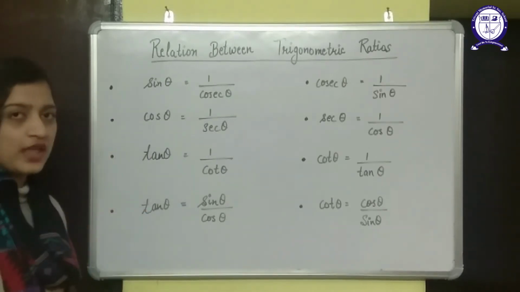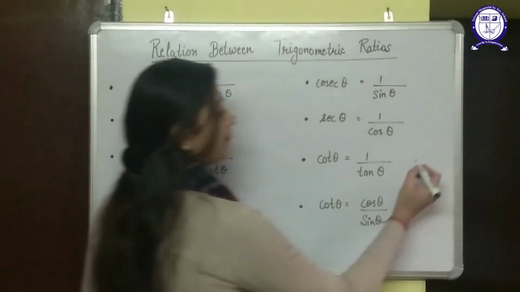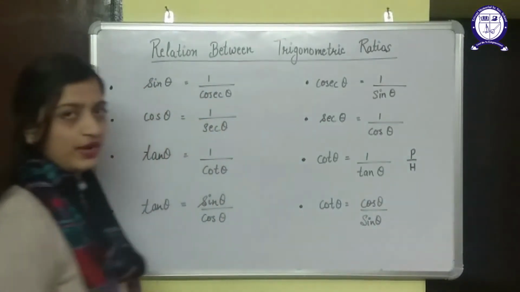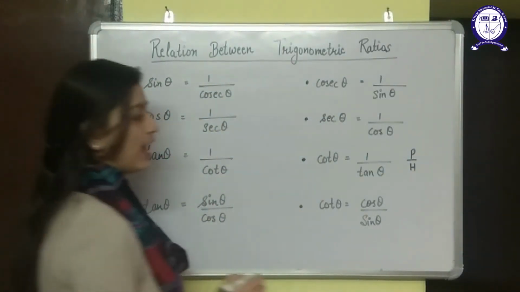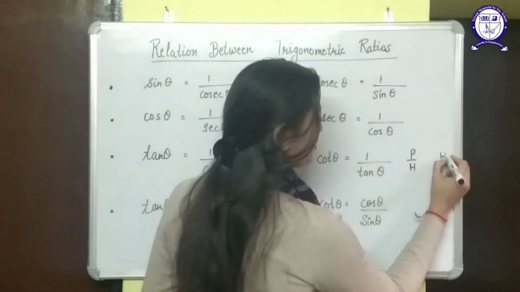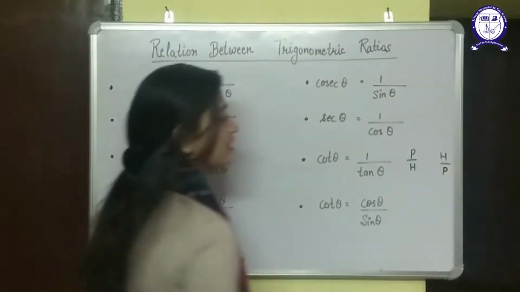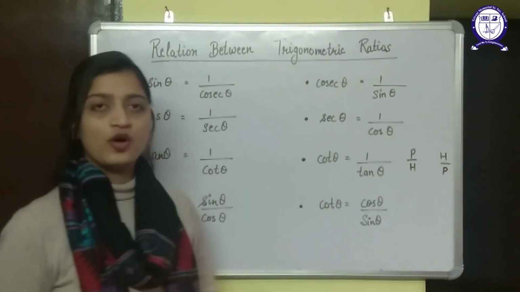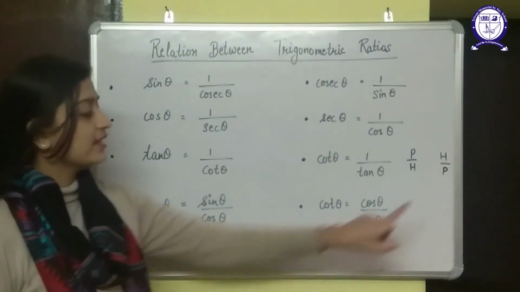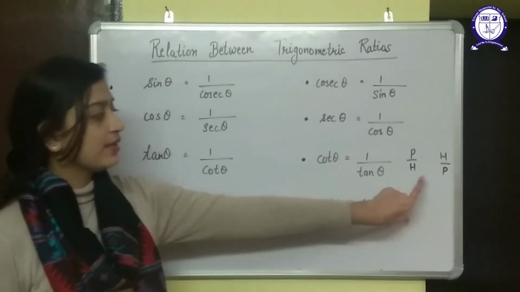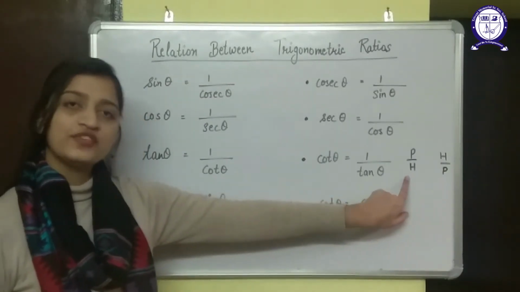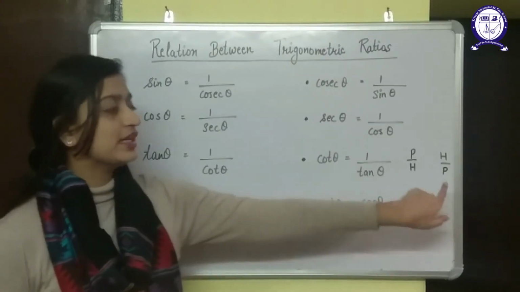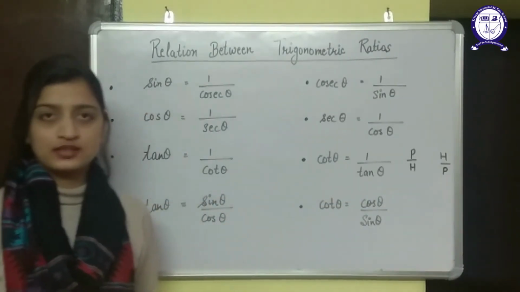First of all, you know that sine theta is P upon H, and cosec theta is H upon P. So you can see that cosec theta is nothing but the reciprocal of sine theta, or you can say sine theta is the reciprocal of cosec theta.